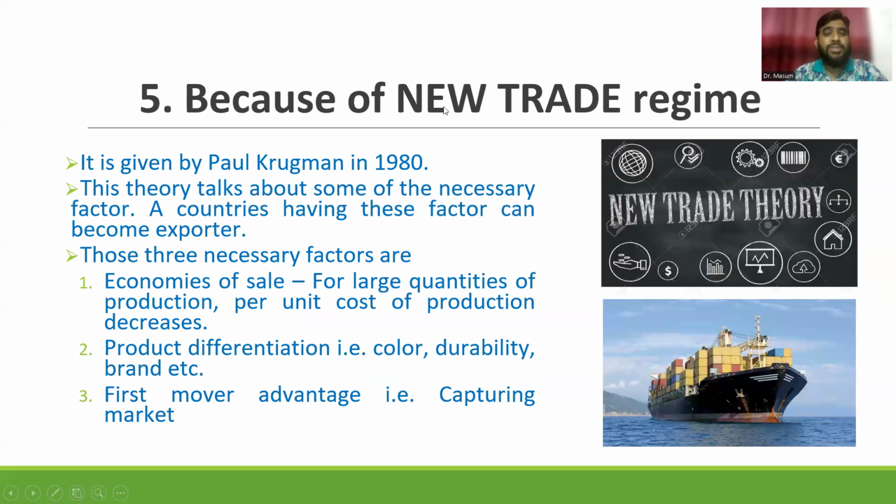And the new trade regime. This is also an economic theory known as new trade theory, and it is given by Paul Krugman. Paul Krugman is a Nobel laureate economist and still he is alive. It was given by Paul Krugman in 1980.